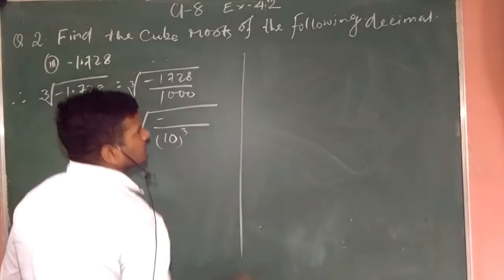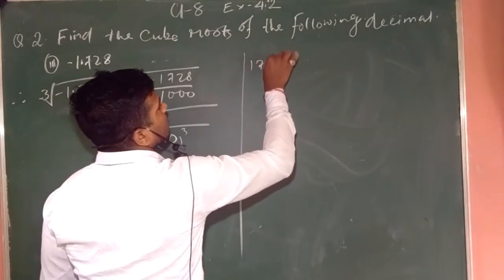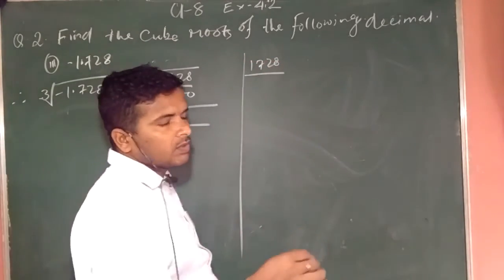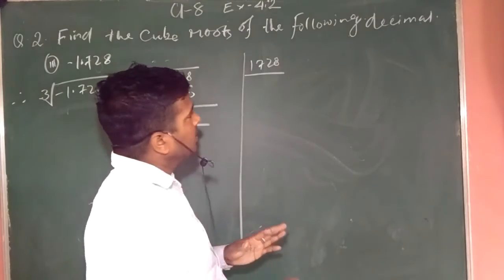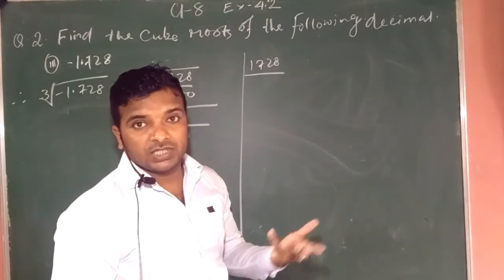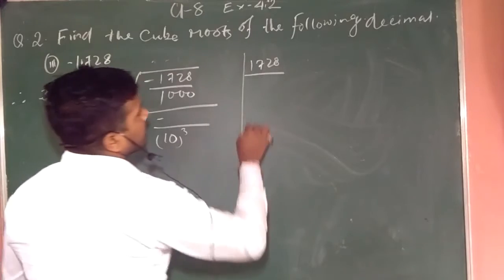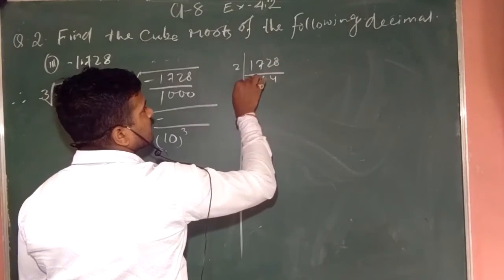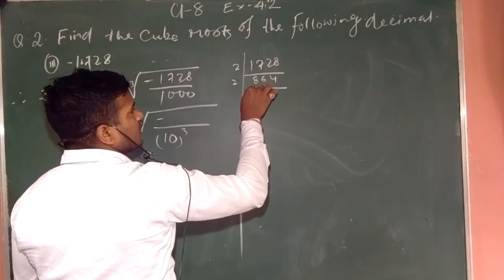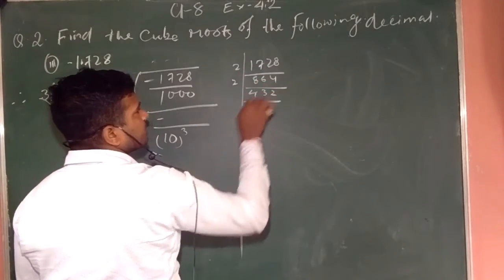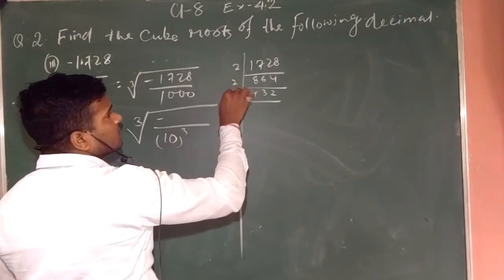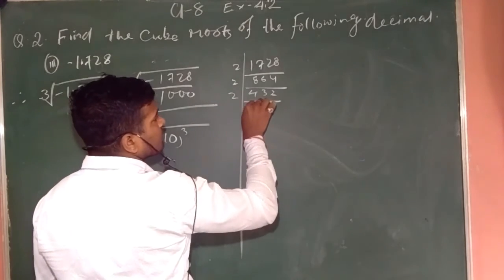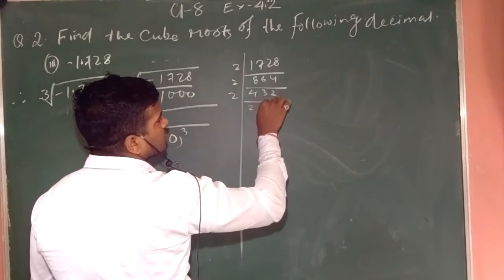Now we will take out the LCM of 1728. When you take out the LCM, you always look at the unit digit. 2 8s are 16, 2 6s are 12, 2 4s are 8, 2 4s are 8, 2 3s are 6, 2 2s are 4, again 2 to the 4, 2 1s are 2, 2 6s are 12.